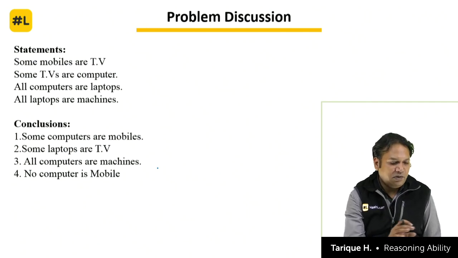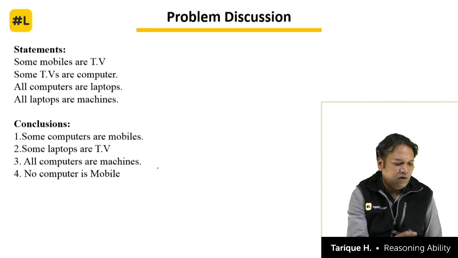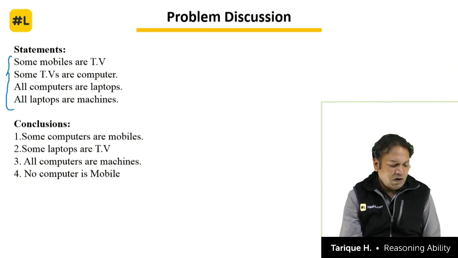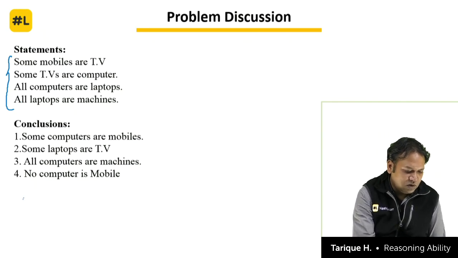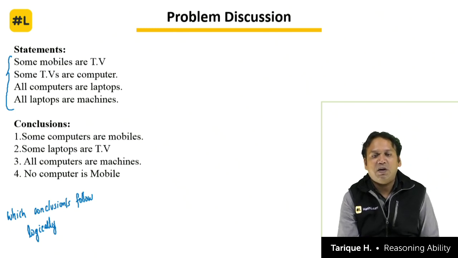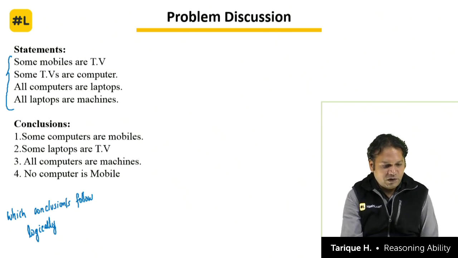So using that, can you come up with the Venn diagram of the four statements we have, and figure out which conclusion or conclusions follow logically? That means which of these conclusions are always true. You have to find that out.